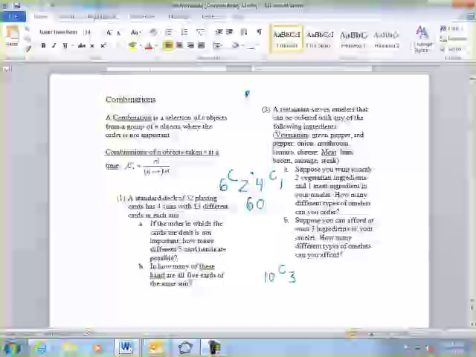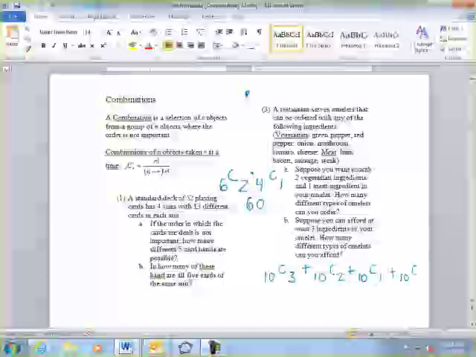But just because I can afford 3 doesn't mean I have to buy 3, right? If there's not 3 that look good in that list to me, I don't have to get 3 just because I can afford to get 3. So I could say or, and when we use the word or in a probability or counting problem, we're going to add. I could just pick 2 of them. I could just pick 1 of them.